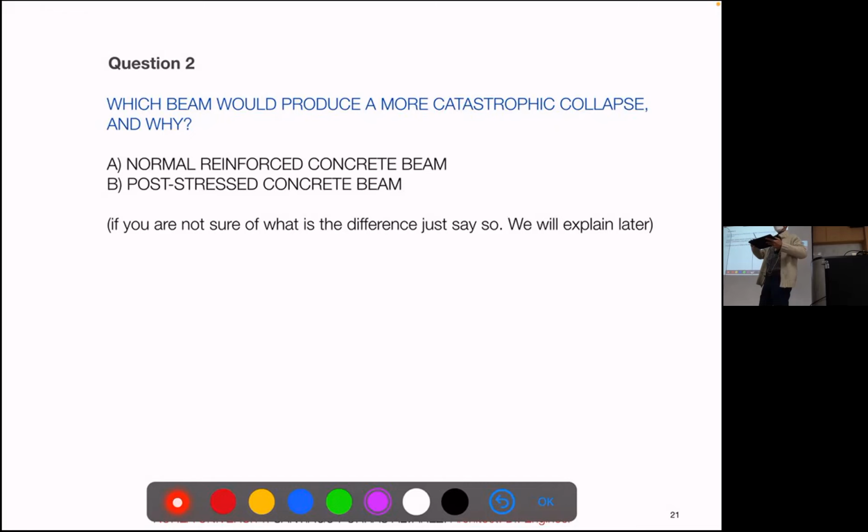So we have just the everyday normal reinforced concrete beam and the pre-stressed beam, and they collapse. We met in the laboratory, making an experiment, and when we break elements in the laboratory, we have to be careful with it, because that collapse may be too dangerous, maybe harmful, right? So which will be more catastrophic?